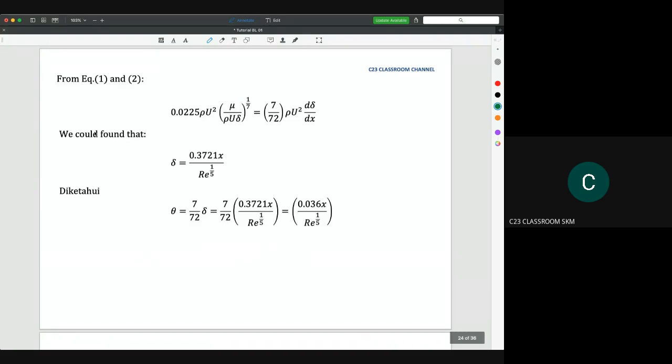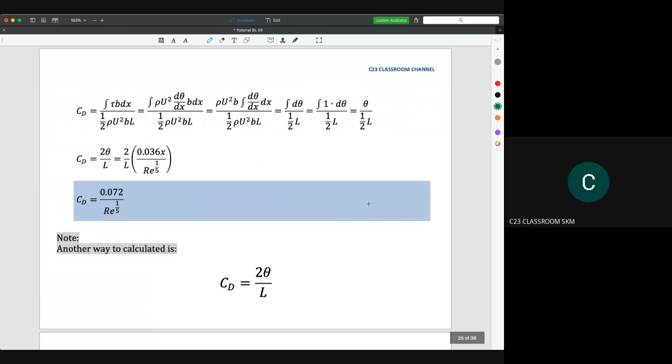Then we equalize with the Blasius resistance value and get the value of delta, which is 0.3721x over Reynolds number to the power of 1/5. Then we can get the value of theta by substituting the value of delta and simplifying it into 0.036x over Reynolds number to the power of 1/5.